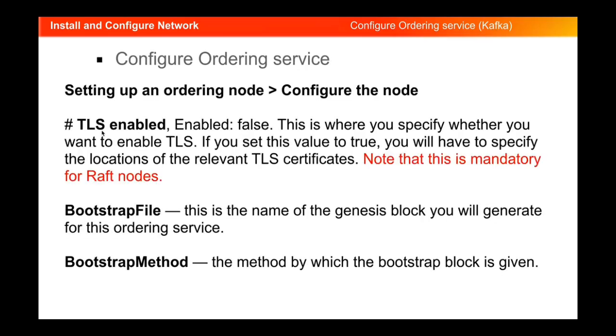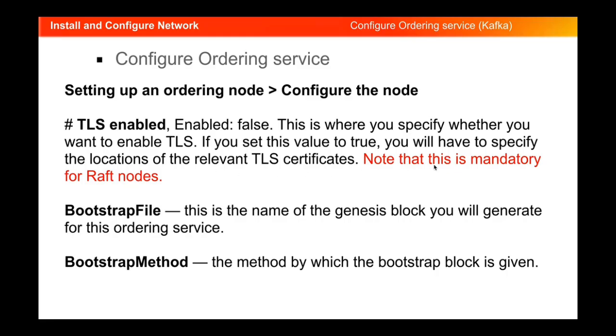Then you have other options as well. You have TLS. By default it is disabled, which means the value will be false. This is where you specify whether you want to enable TLS or not. If you set this value to true, you will have to specify the location of the relevant TLS certificate.